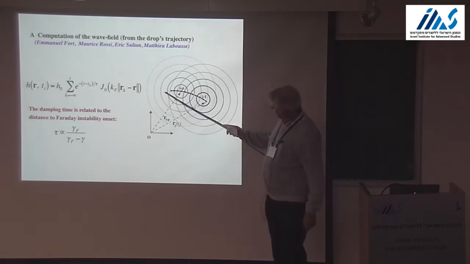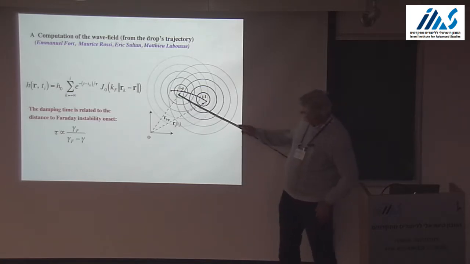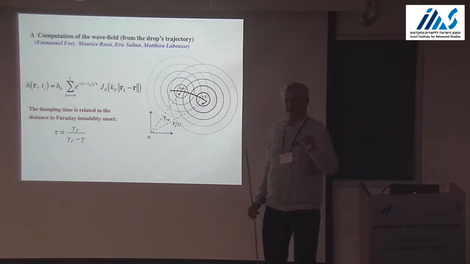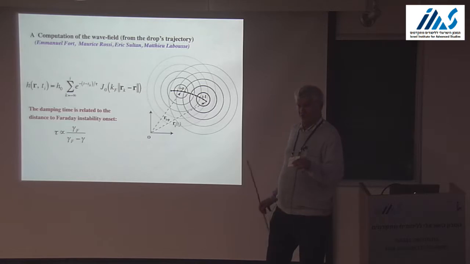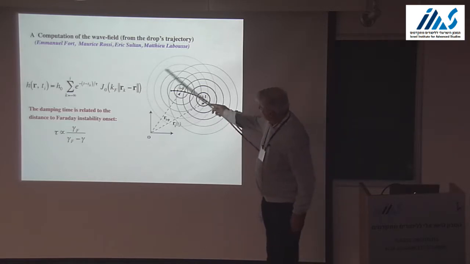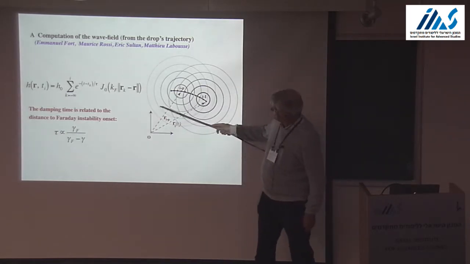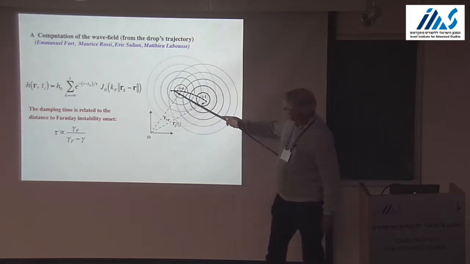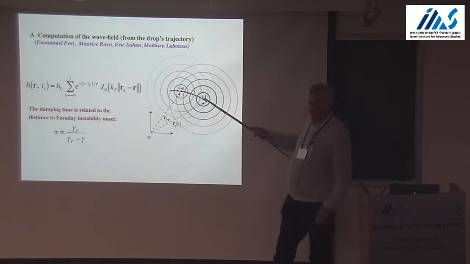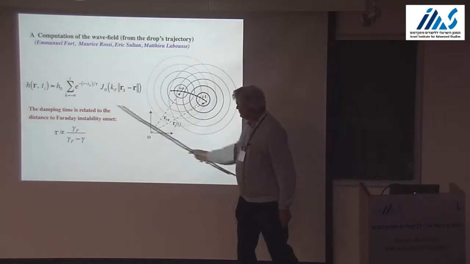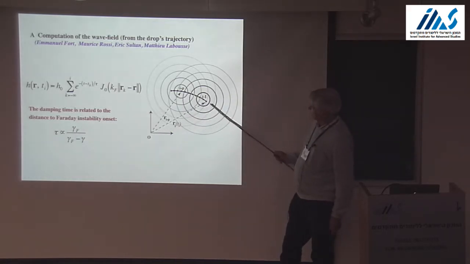So if your drop is moving along this trajectory, you have to assume that at each point of this trajectory, it has created a Bessel function, and the whole wave field here will be created by the superposition of these Bessel functions with a damping term, which tells you how many sources you have to consider in the past.